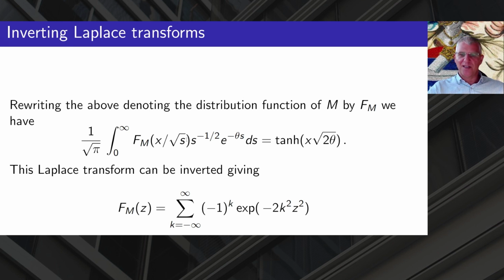It's not even all that difficult, because you can expand this tangent into an infinite series, and then you invert individual terms of this infinite series. So inverting this Laplace transform, even if you don't have big books that list all possible Laplace transforms, you can do it by hand very easily by expanding this tangent into an infinite series and computing it.